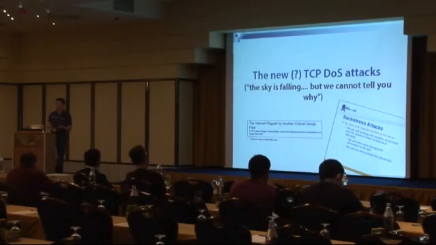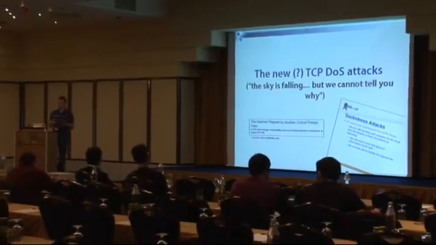And as part of the work that we did on TCP and IP, we were involved in a cooperation with vendors trying to provide advice on how to mitigate these issues.